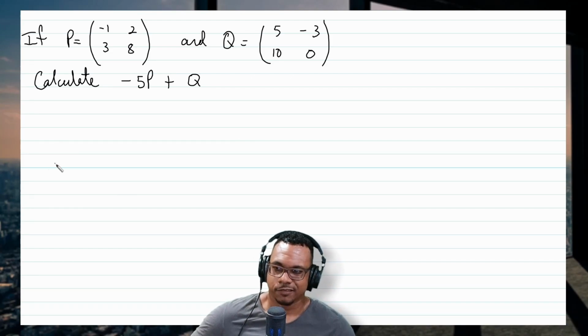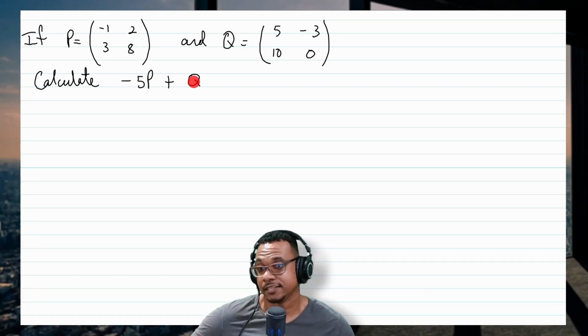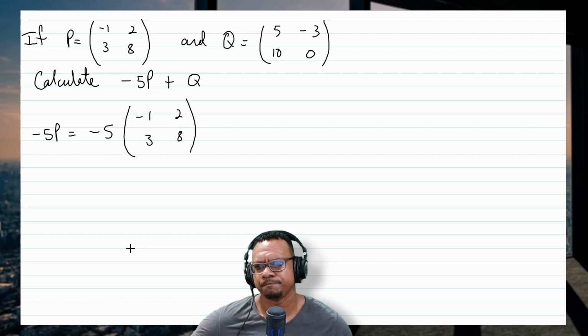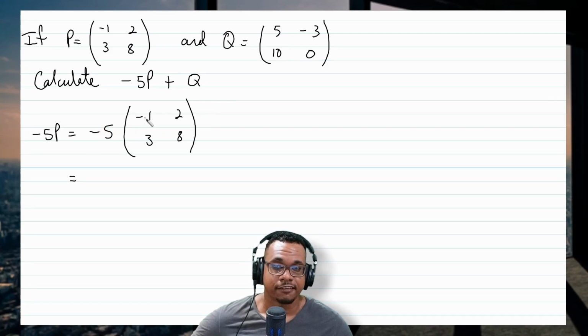Well, first I'll have to work out what is -5p, then add it to q. So first I'll work out -5p. That'll be -5 times this matrix -1, 3, 2, 8. Okay, let's go one at a time. -5 by -1, two signs are the same, so the answer is positive, so you're going to get +5.